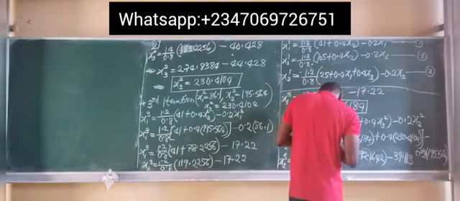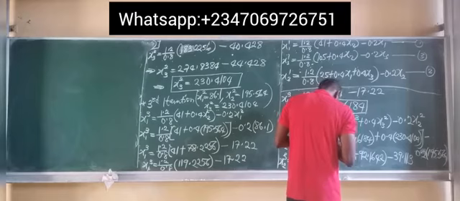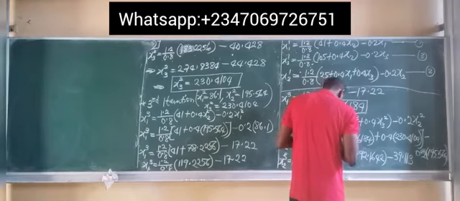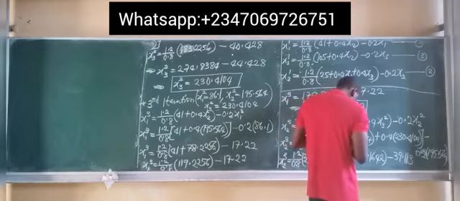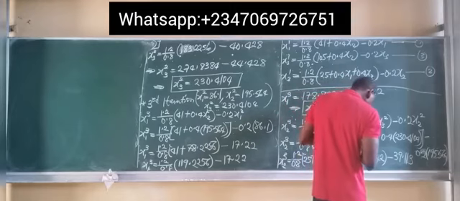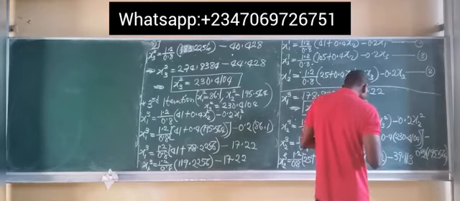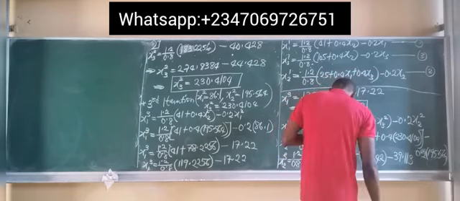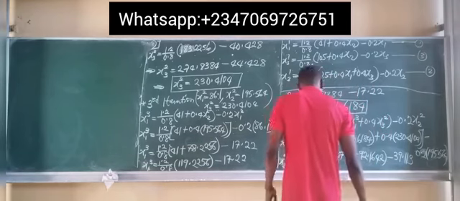25 plus 64.6474 plus 92.1642. That's simply 181.8116.